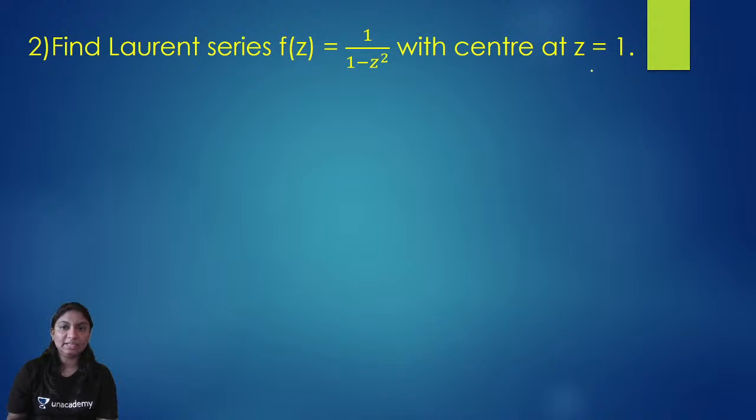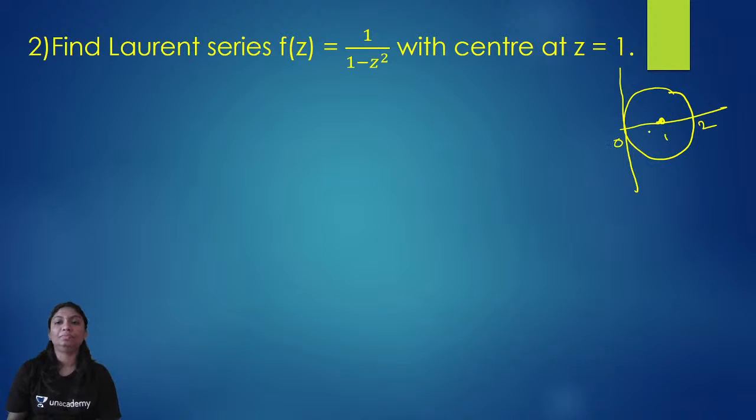Center at z equal to 1 means it's a circle with center at z equal to 1, the circle with center at 1 and obviously the radius is also 1.